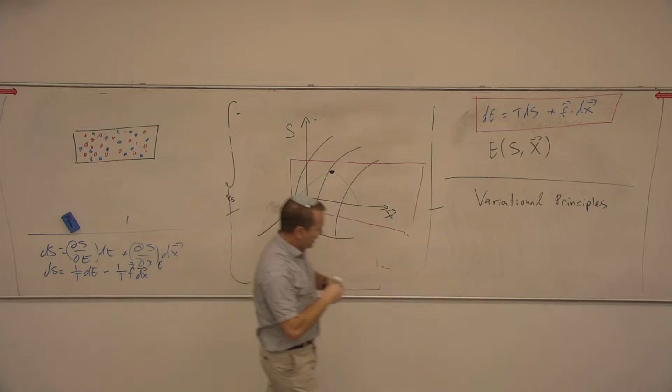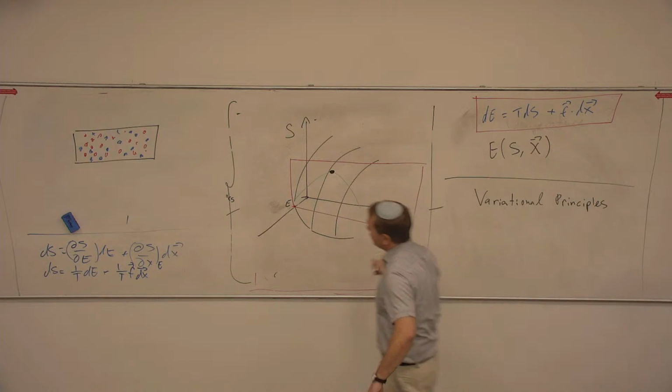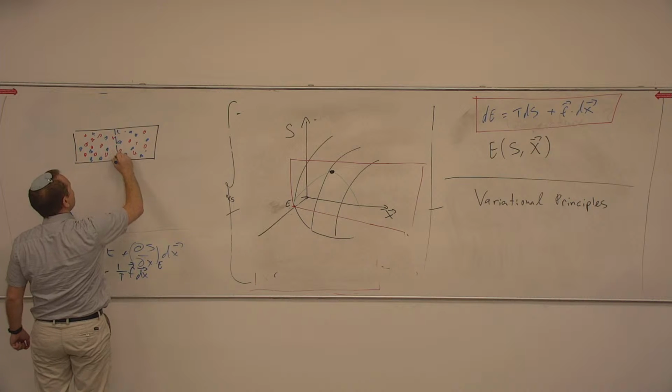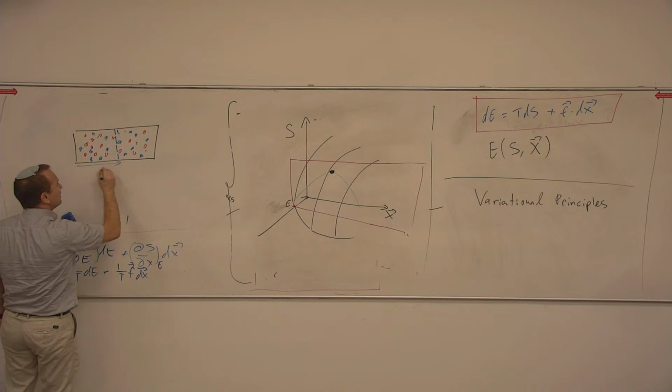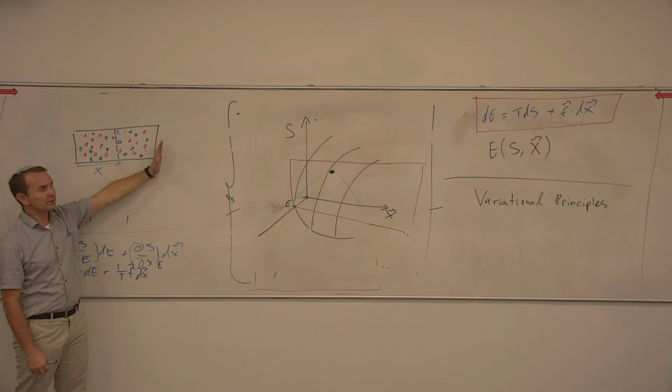And I put a semi-permeable membrane over here, and this is my x. Let's assume that this membrane can move to the left or to the right.